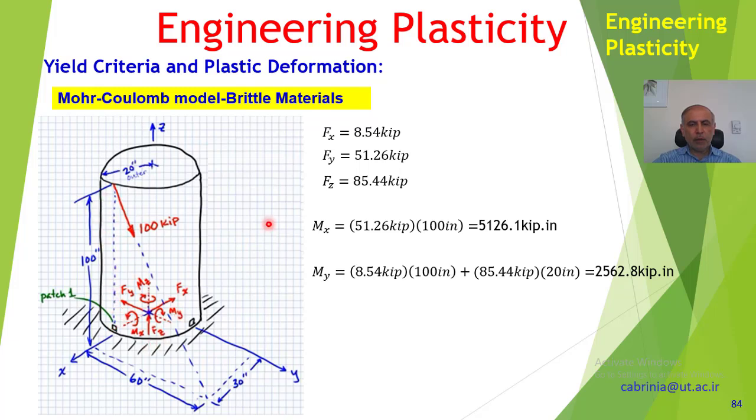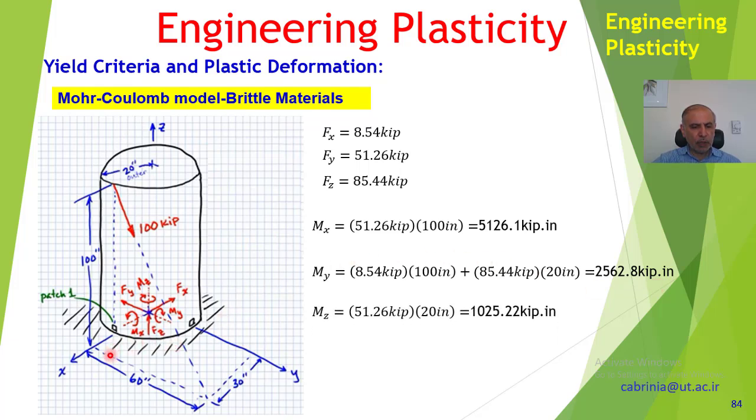Fx times 100 inches, that distance, and Fz, 85.44, we have that distance up to the patch, in the z direction, that's the reaction here. Up to the patch is 20 inches. So it becomes 2562.8 kip inch.